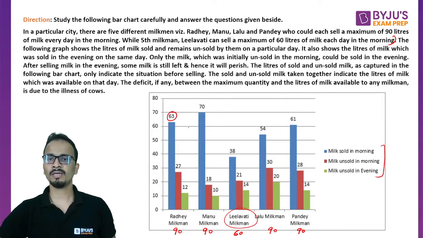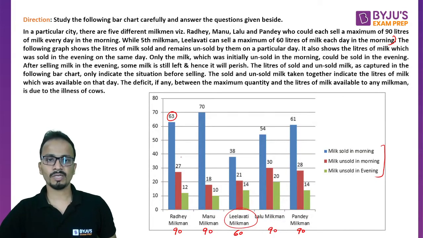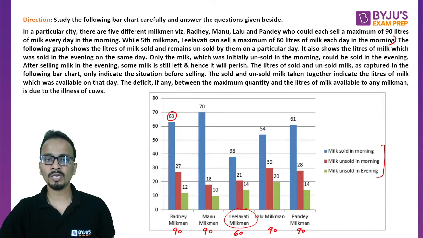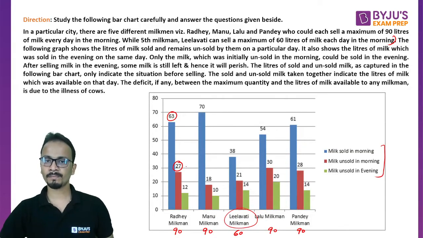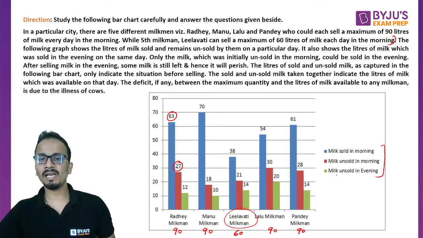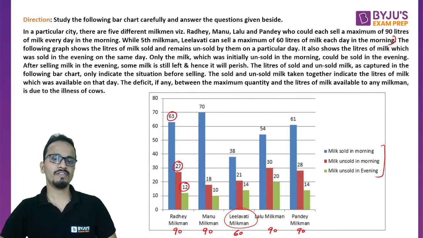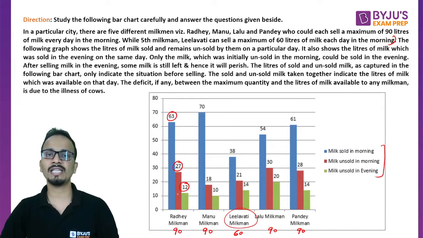Then red says milk unsold in the morning. So out of the total, 63 he has already sold in the morning, and 27 liters is the quantity of milk which is unsold in the morning. Now the green one is milk unsold in the evening, which is 12 liters. So this is the entire information that we have in our hand for one of the milkmen.